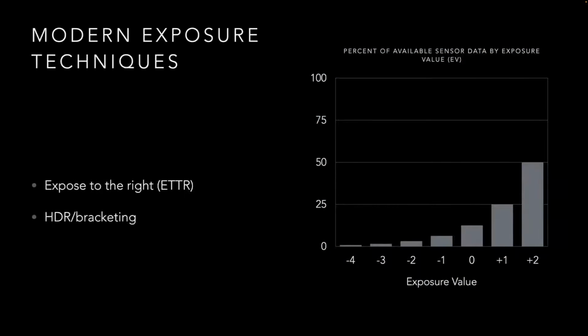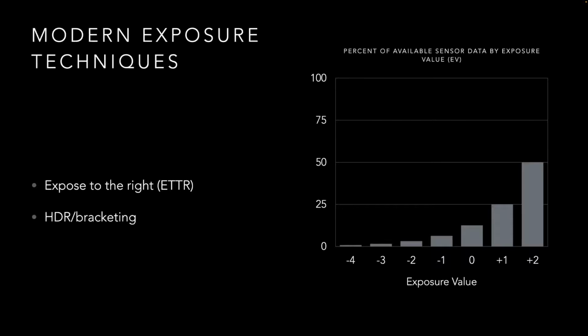Now, I want to just show you something about digital cameras that's kind of interesting. This is a graph taken from a presentation, an online class that I did a couple of years ago about modern digital exposure techniques. There's a couple of techniques that you might have heard about. One is called exposing to the right, ETTR, and you've probably heard about things like bracketing, doing HDR things in post.